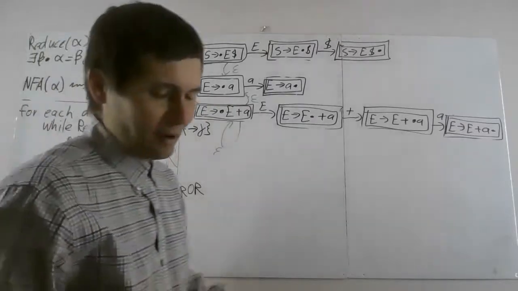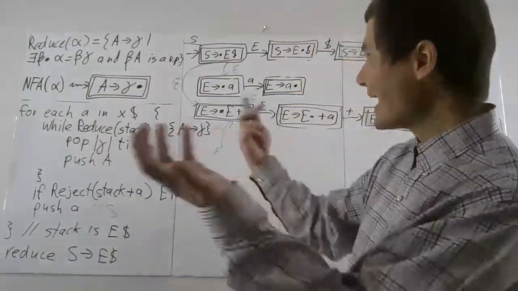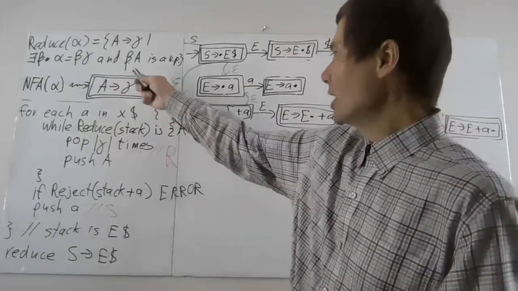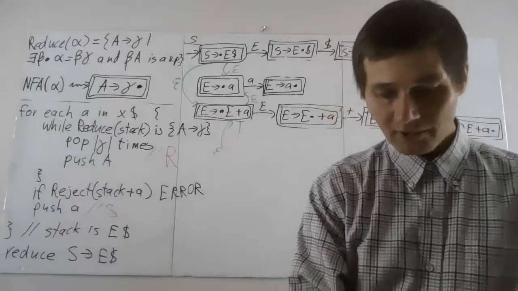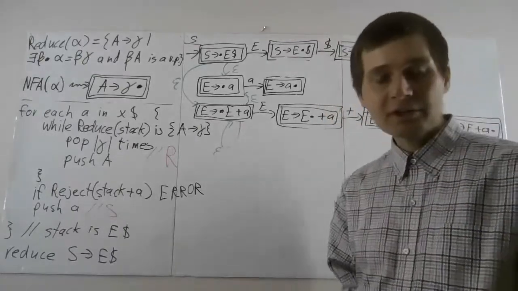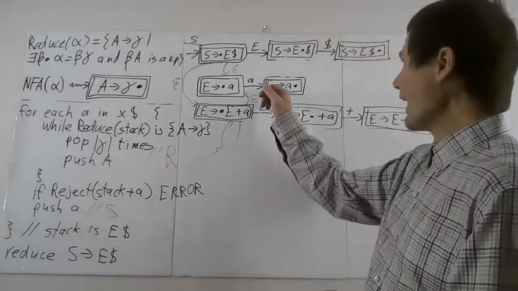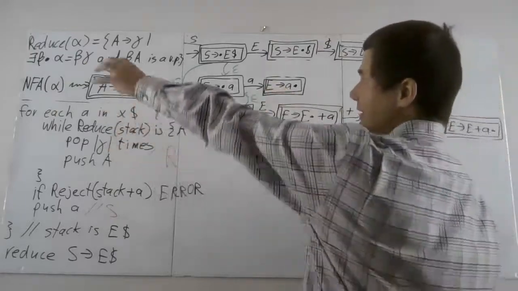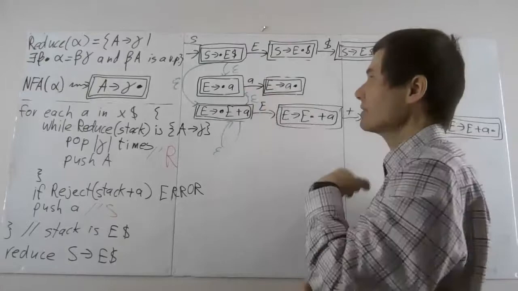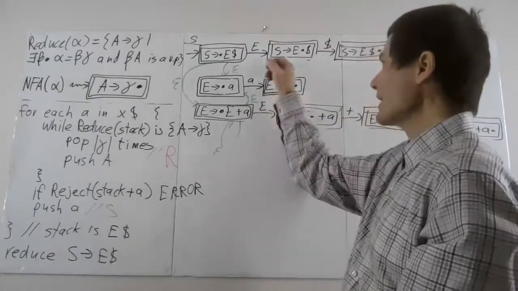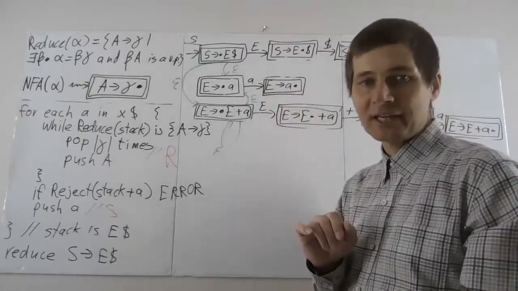Okay, now why is that the time when beta A is a viable prefix, right? Well, so you have to ask yourself, so I run on the stack and I end up, let's say, here.